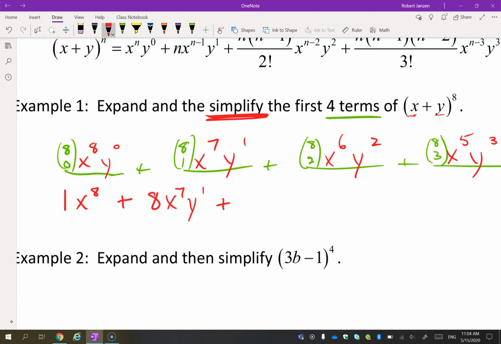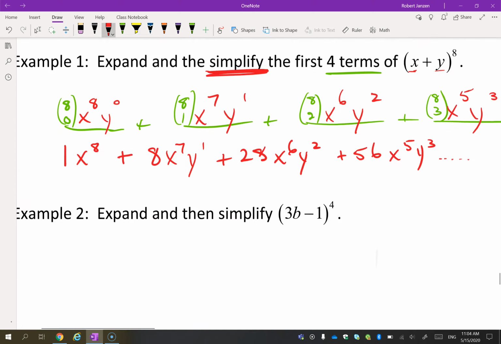That's 28. And then 8 choose 3 is 56. Okay, now it just asks for the first 4 terms, but this actually would keep going. All right, it's that simple.